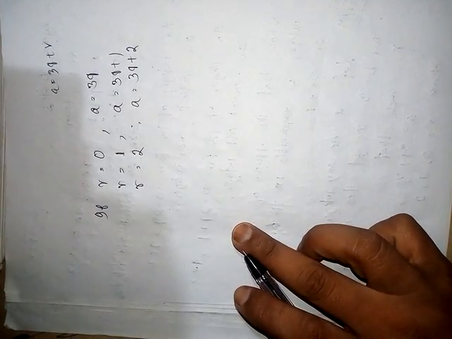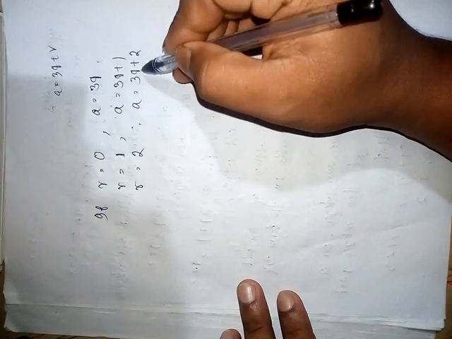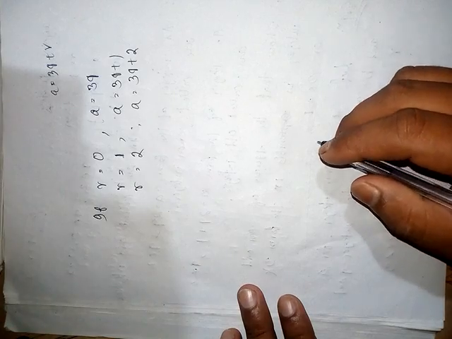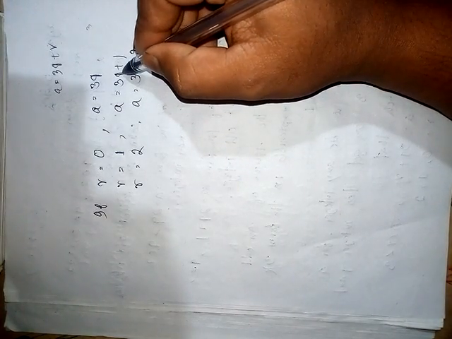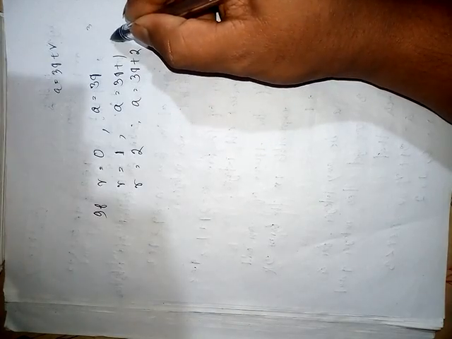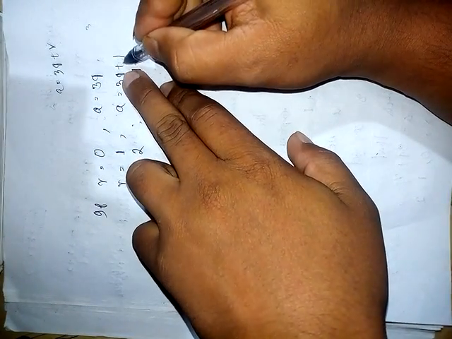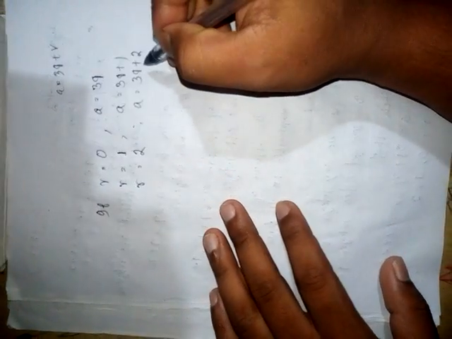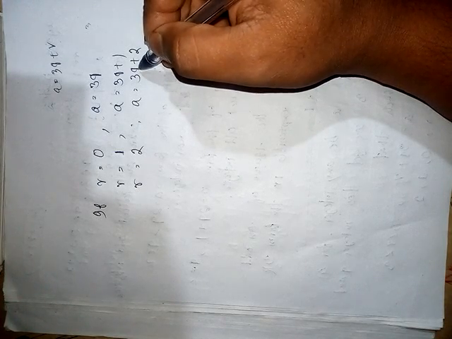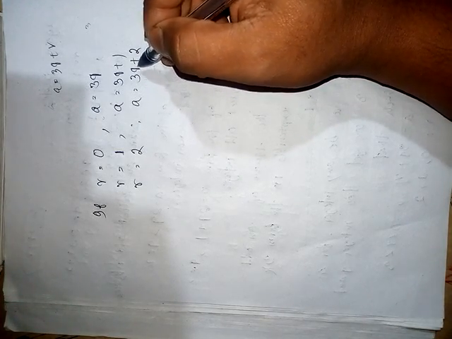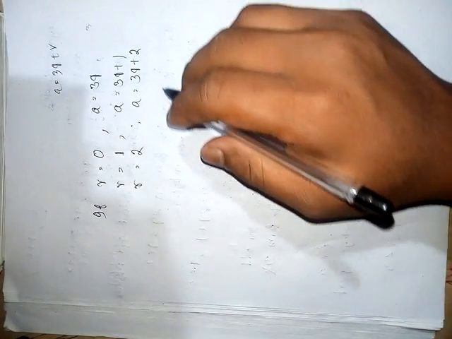From this you can see that 3q plus 1 and 3q plus 2 both can be odd numbers. If we take q equal to 2, then 3 into 2 is 6, 6 plus 1 is 7, an odd integer. And if we take q equal to 1, then 3 plus 2 is 5, which also gives us an odd integer.